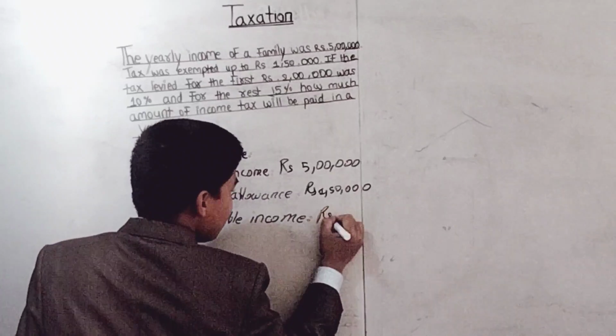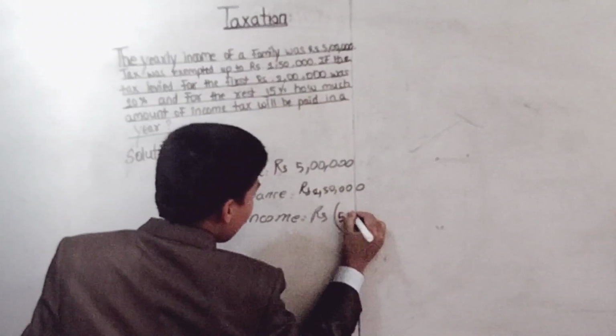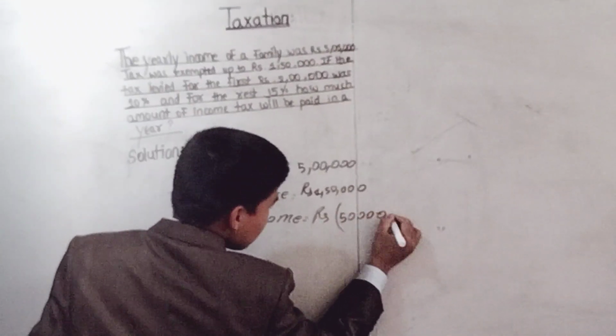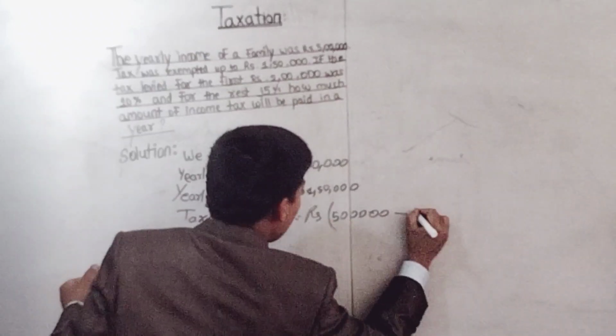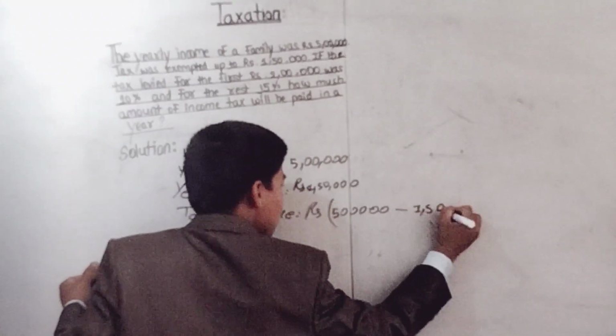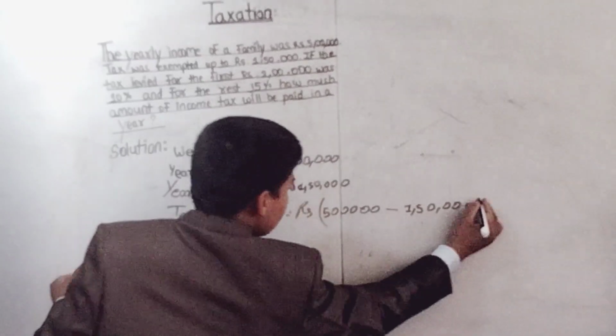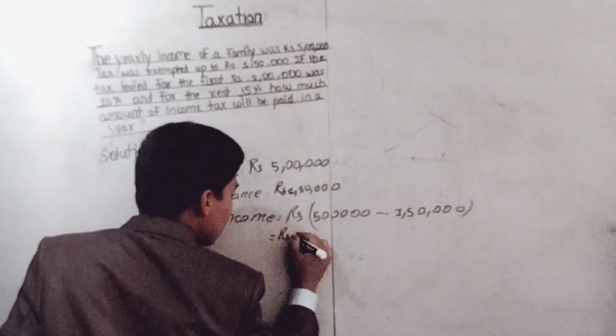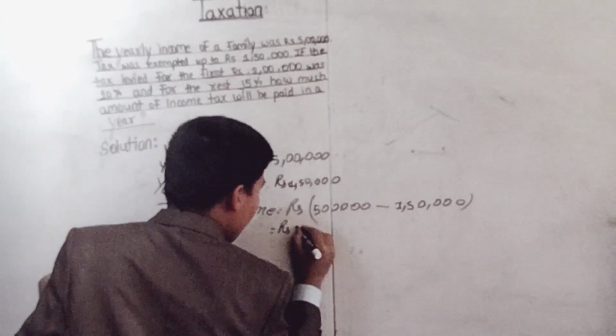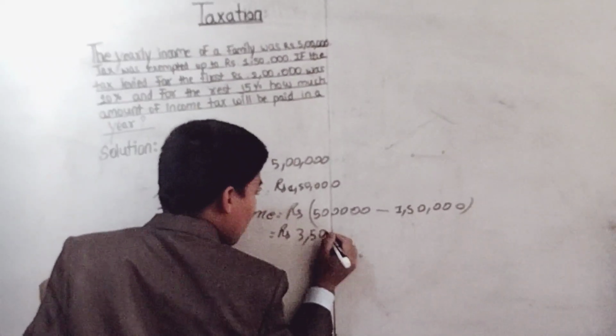So I am going to write directly. From 5 lakh we have to subtract 1,50,000, and when we subtract it, we will get rupees 3,50,000.